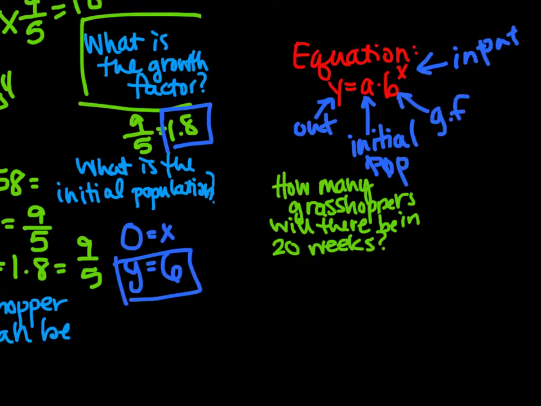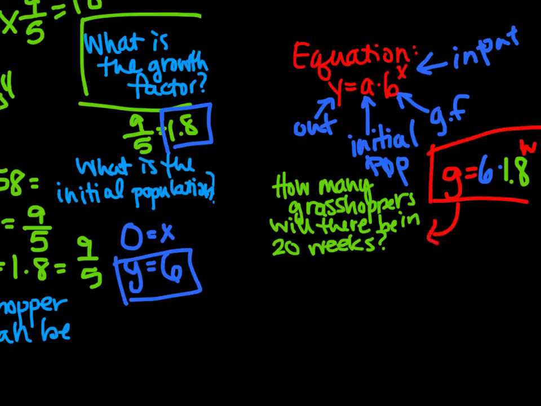So if we plug things in, our output, which is grasshoppers, is equal to our initial population of 6 times our grasshopper growth factor, which is 1.8, and we have an exponent of weeks. So here is our equation.